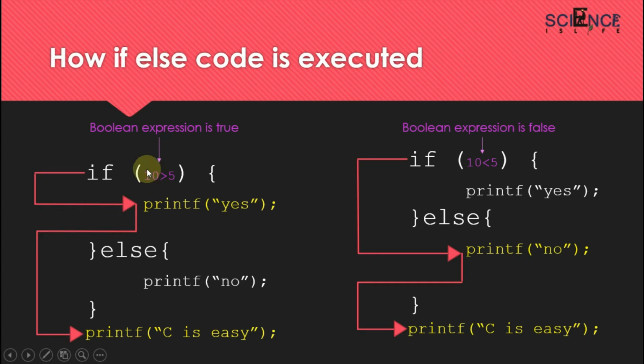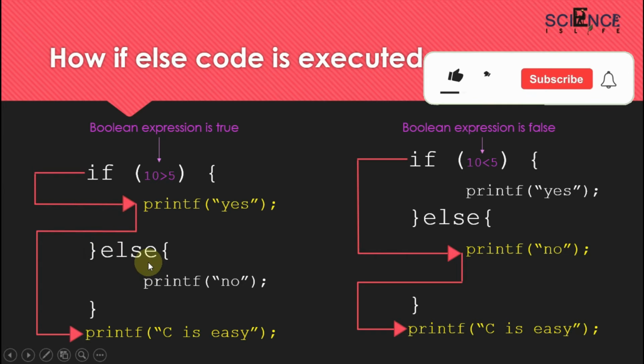That means we can jump into the if structure, right? Our if condition is true, so the compiler will jump inside the if structure and execute all the code within it. After executing all the code within the if structure, it will not go inside the else structure, right? If it goes to the if structure, then it will not go into the else part.